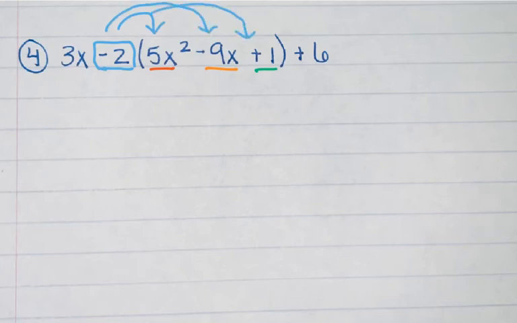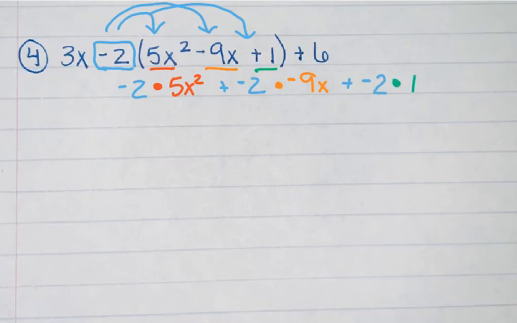So I've got negative 2. This time I'm going to do a little bit better job of my multiplication signs. Times 5x plus 2. Plus negative 2 times a negative 9x plus a negative 2 times 1.